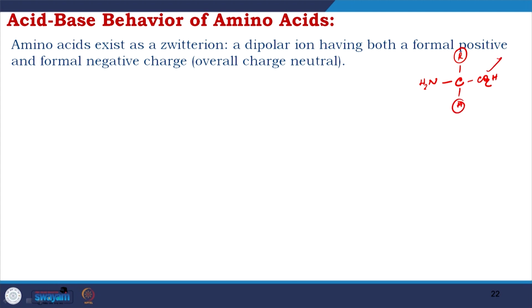Now, this could be COO minus and this could be NH3 plus. When they are both plus and minus, then it is charged. But interestingly, if you put it on an electrode, it is not going here or there, it is staying there. That state is called the zwitterionic state.